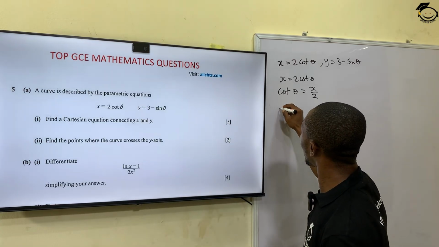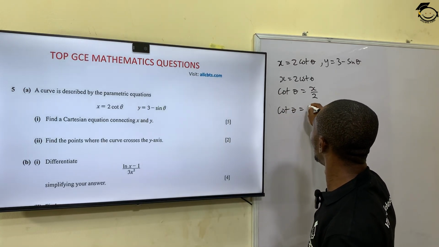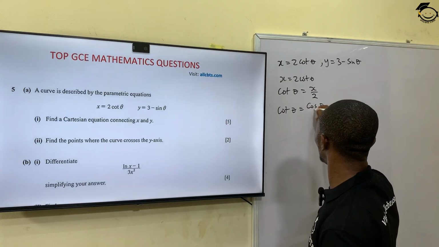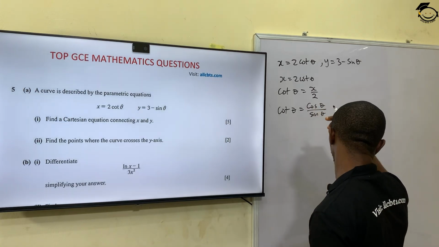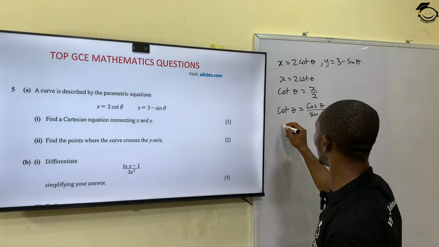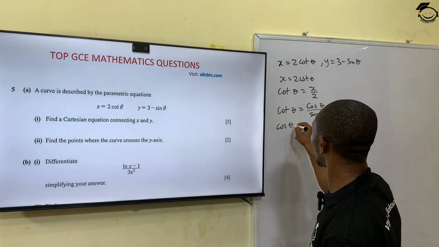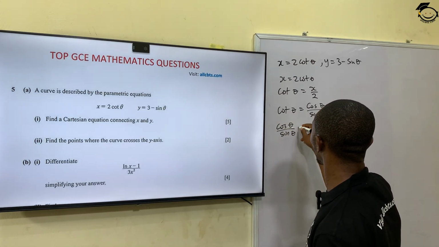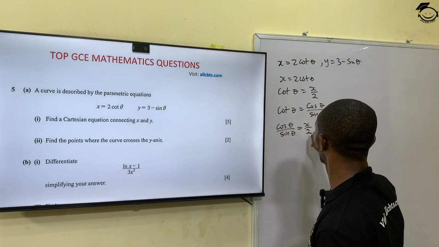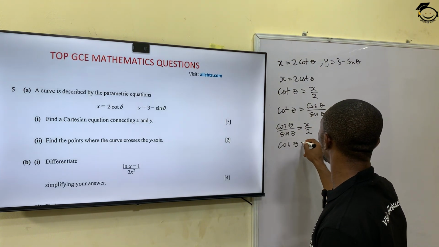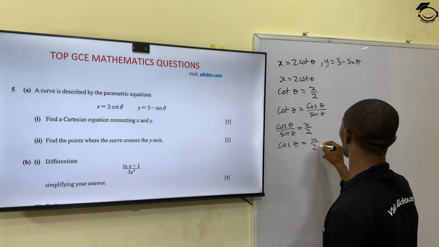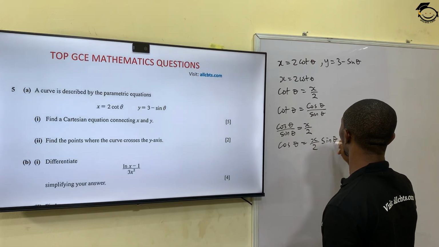But we know that cot theta is cos theta over sine theta. All right, now working around this becomes cos theta over sine theta equals x over 2. So our cos theta will become x over 2 sine theta.